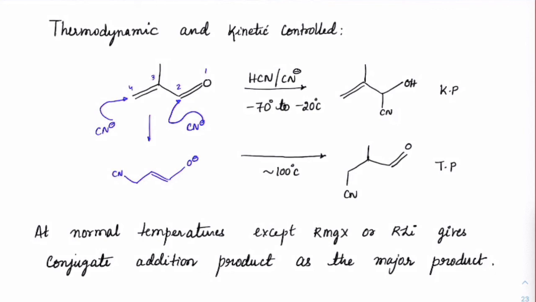On hydrolysis, we will get an enol form here, OH and cyanide, and this enol will again convert back to the ketone. Correct? Thermodynamically, this is the more stable of the two. So that's why at high temperature normally CN minus will attack by 1,4 addition or conjugate addition.